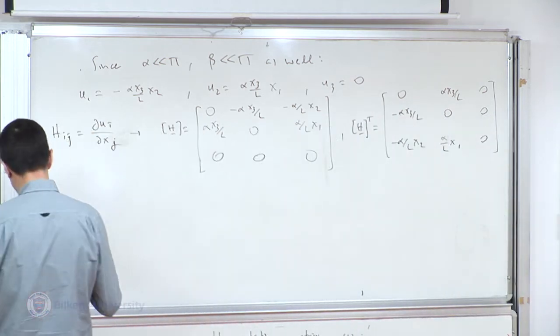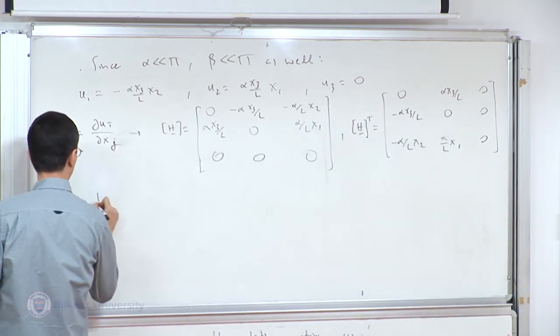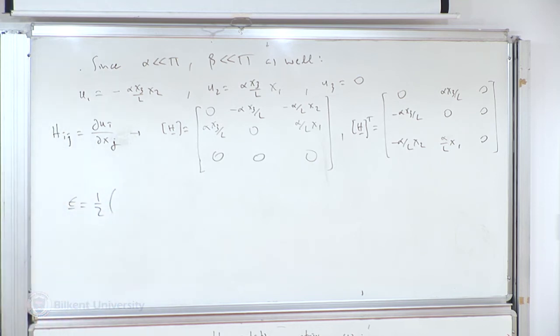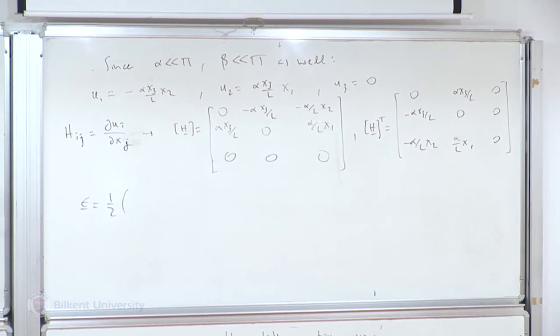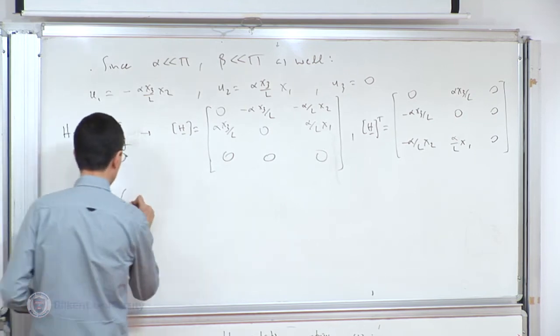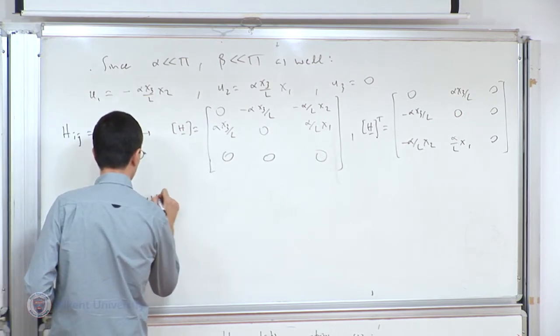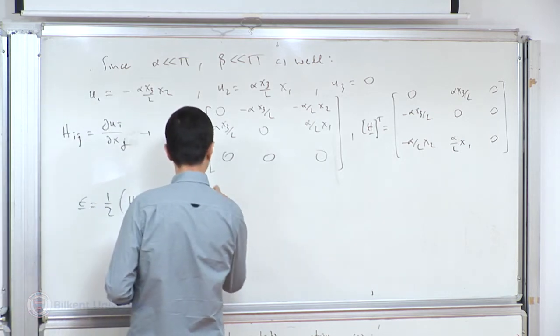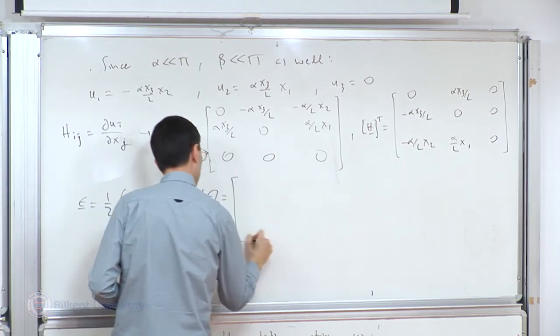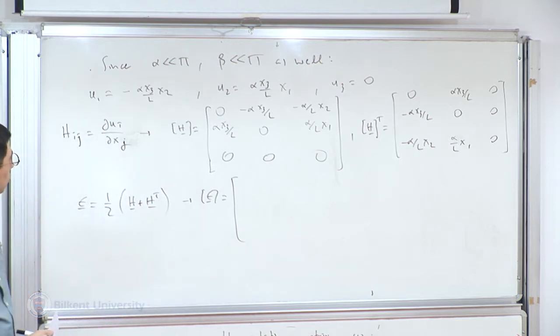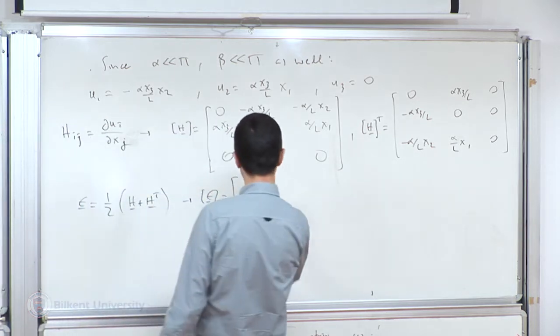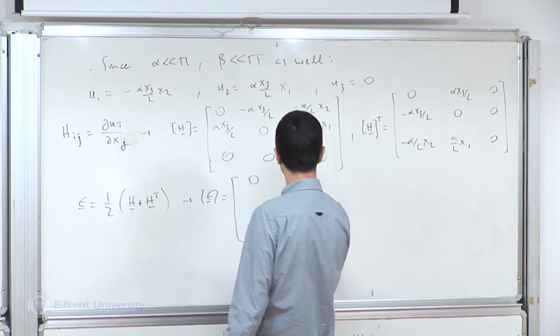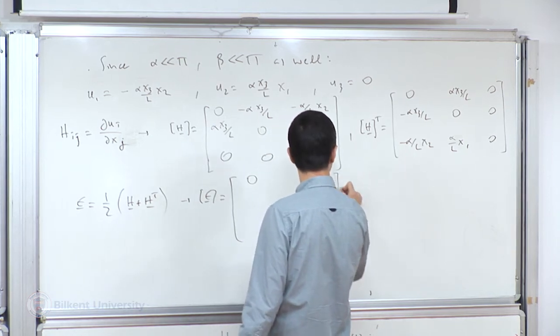Okay, so let's go ahead and calculate epsilon. I'm repeatedly writing down the expressions, so at some point we need to learn what they are, the basic ones. So epsilon is H plus H transpose over 2. Strain, okay. So the diagonal entries are conveniently equal to 0. I can directly write those.